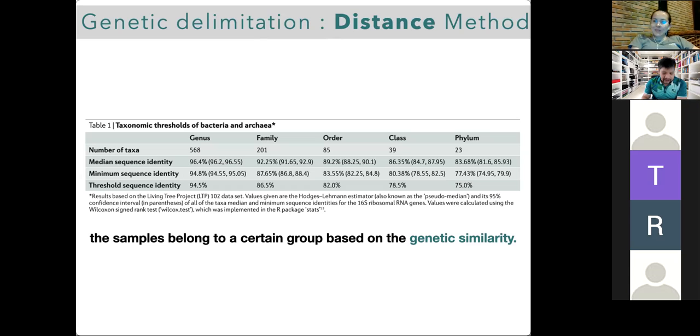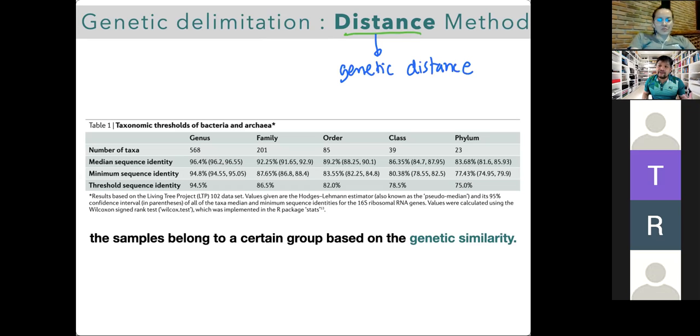The distance method is short for genetic distance. Instead of labeling yourself with all those morphology data, they just look at the percent genetic distance, or genetic similarity depending on who you're talking to. Bacteria people are quite comfortable with this.